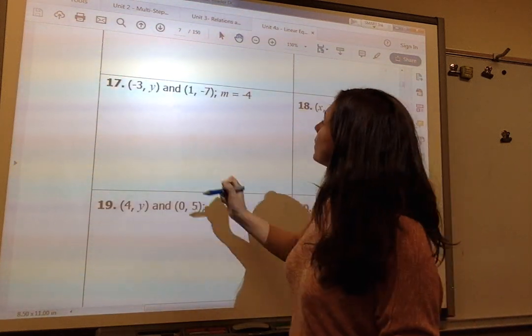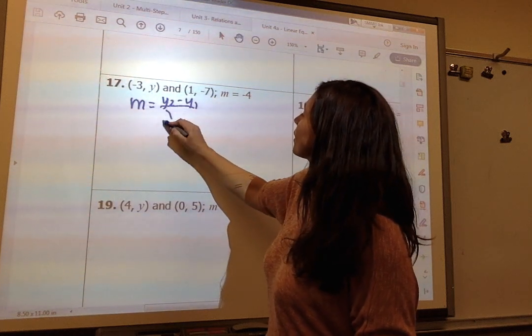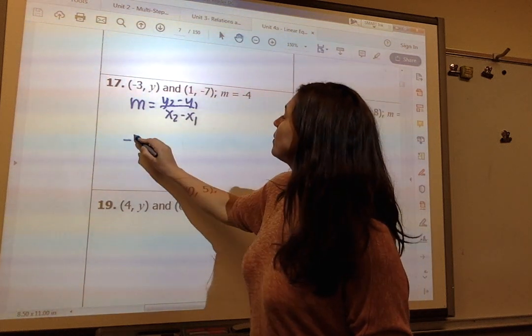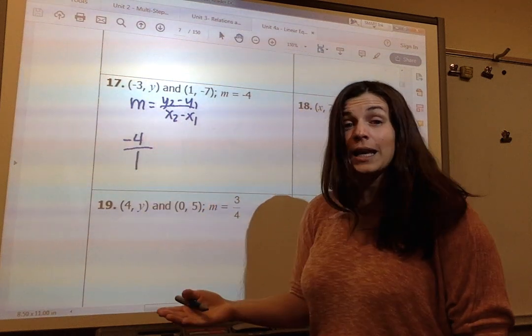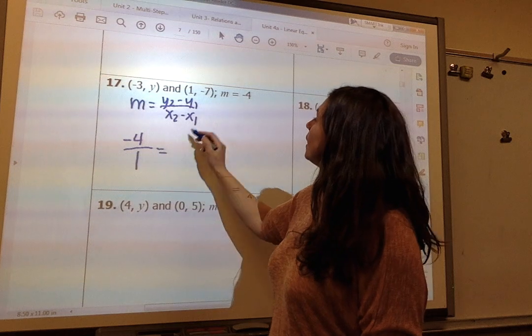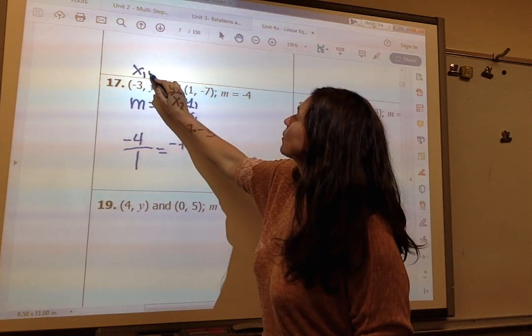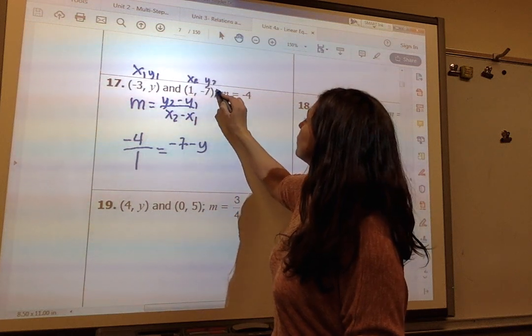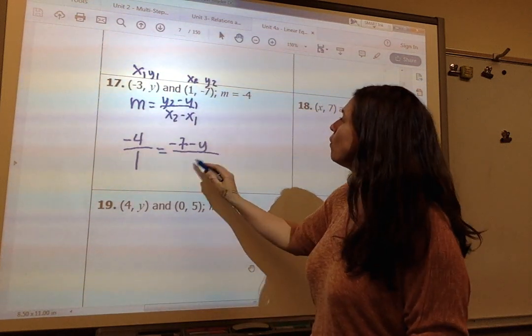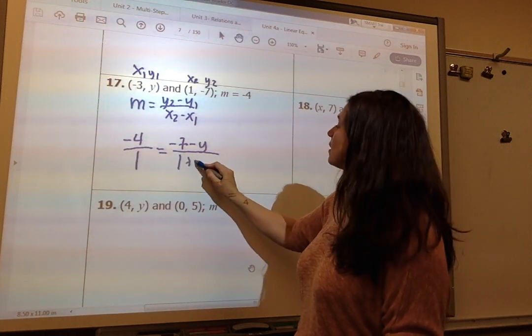Number 17. My slope is y2 minus y1 over x2 minus x1. So my slope is -4/1. I keep it as a fraction because it's a change in y over change in x. So -4/1 equals -7 minus y, x1, y1, x2, y2. So -7 minus y over 1 minus a -3. Minus a negative is a positive 3.